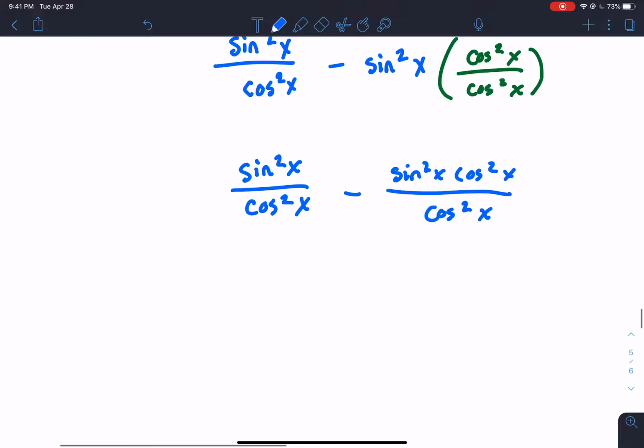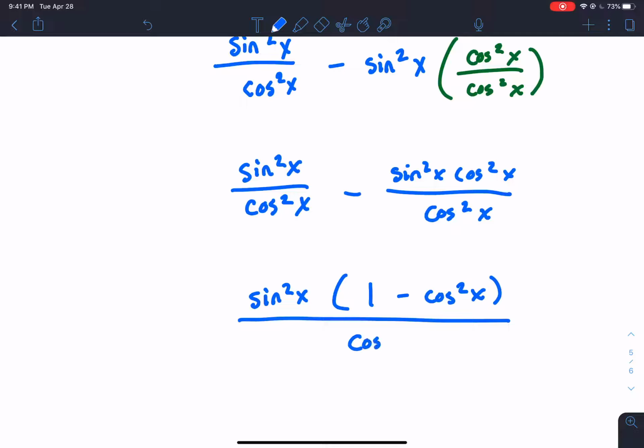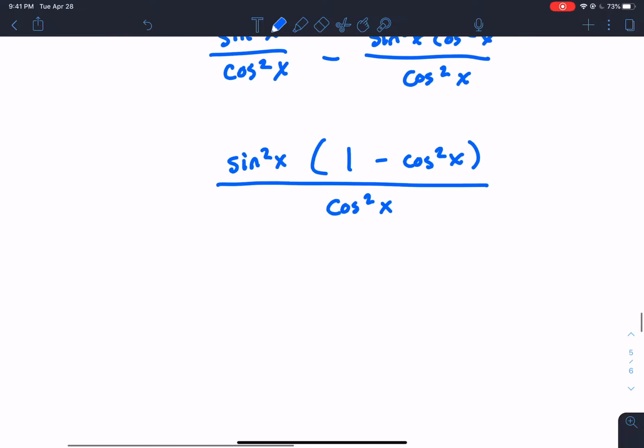Now you got sine squared in common, so you can factor that out. So it'll be 1 minus cosine squared over cosine squared, right? Now what you want to do is split this product up.